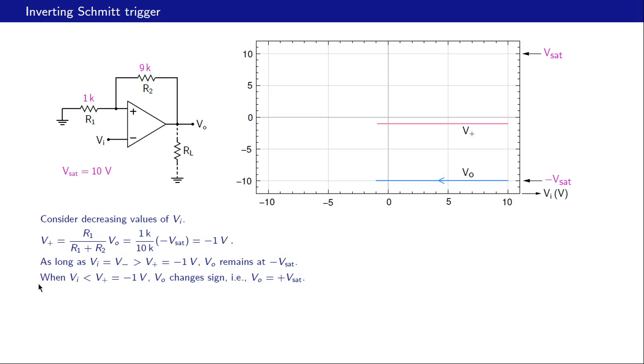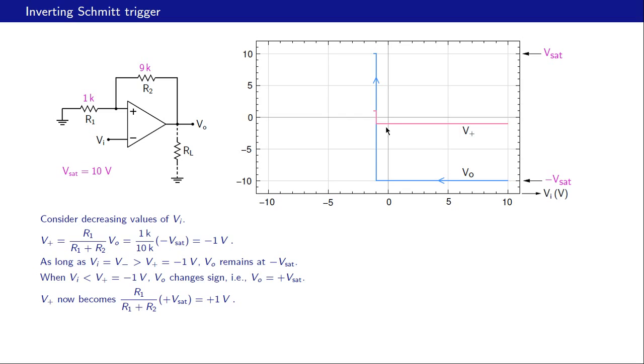If Vi is decreased further, that means it goes below V plus, which is minus 1, then Vo will change sign. Vo will become plus Vsat, and that is shown over here. And if Vo changes, V plus also changes. It will now become R1 by R1 plus R2 times plus Vsat, or plus 1 volt.